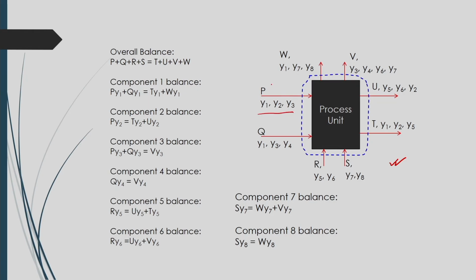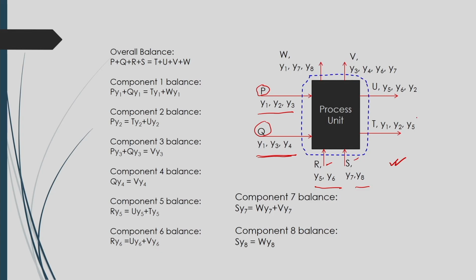In this inlet stream, the amount P consists of compounds 1, 2 and 3, with mole fractions Y1, Y2, Y3. Similarly, in stream Q the amount is Q and the compositions are Y1, Y3 and Y4 for compounds 1, 3 and 4. Similarly for R and S, with compounds 5 and 6 and their respective mole fractions.